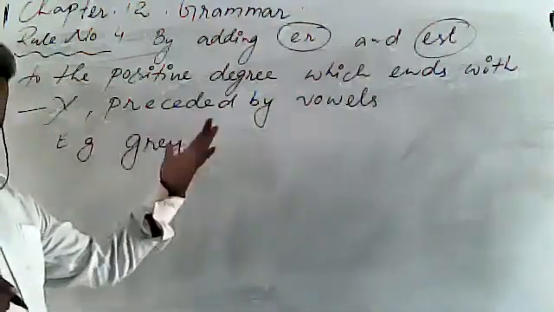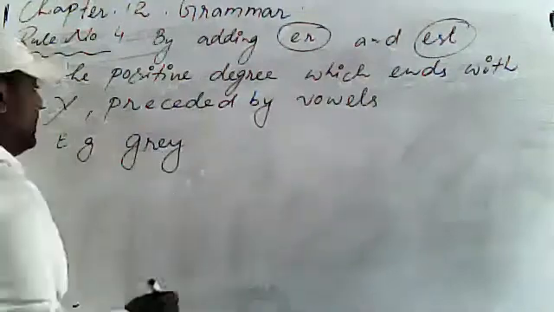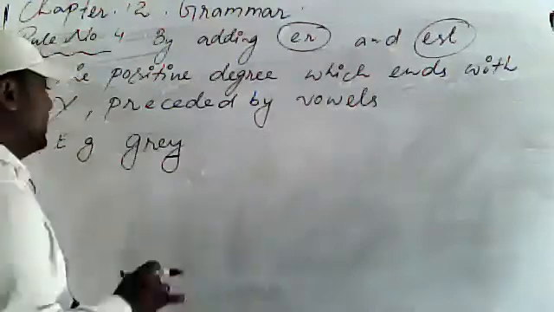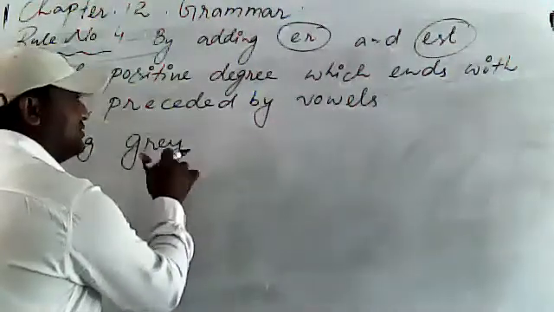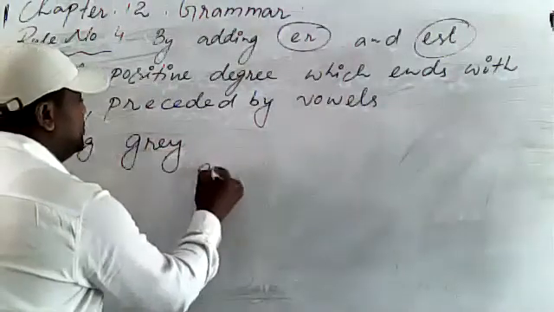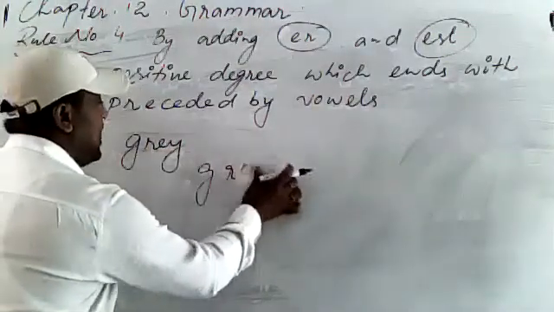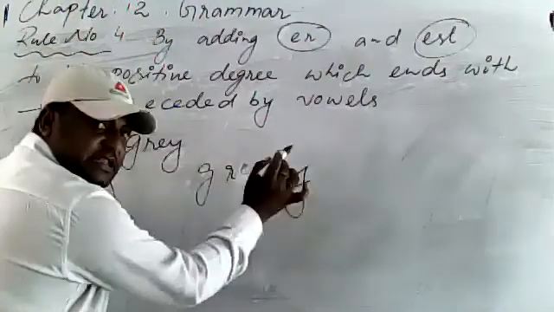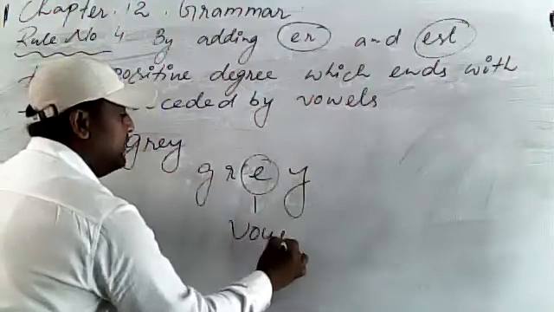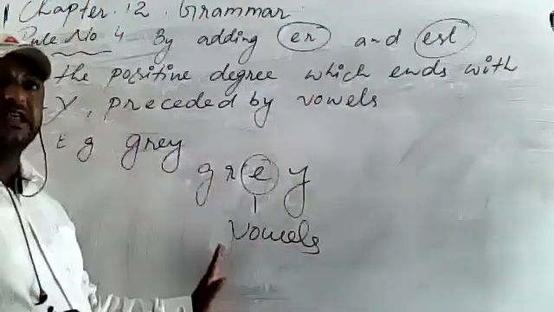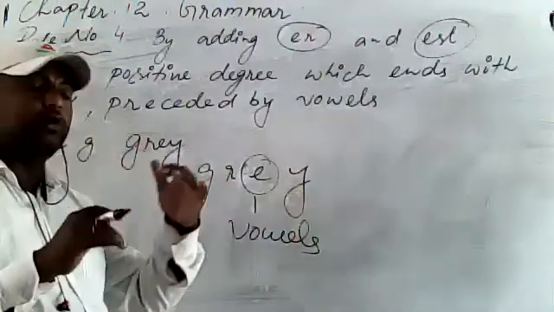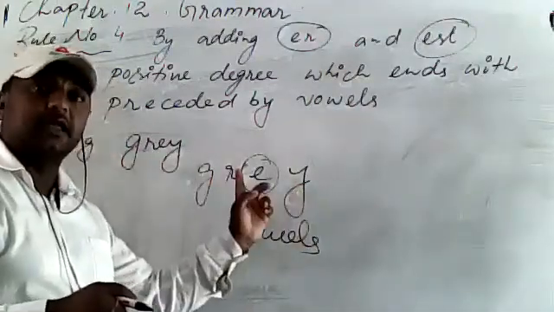Y. In rule number 3 we have studied that we were replacing it, but now we will not replace it, because just before the Y, look here, G-R-E-Y, last letter is Y, and what is this? This is a vowel. If it is a vowel, then in this case we will not replace Y with I.